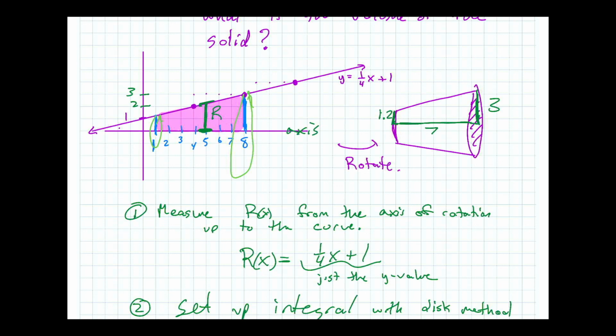Whereas this side here has a radius of 1.2 ish. 1.2 squared times pi, about 4.5 times 7 is 31.